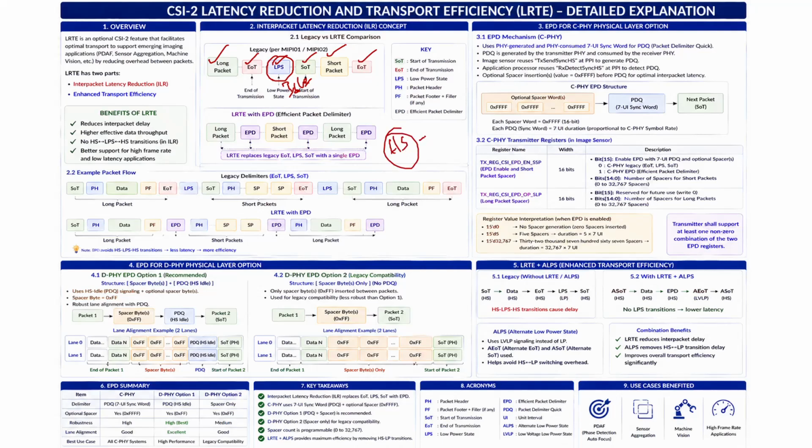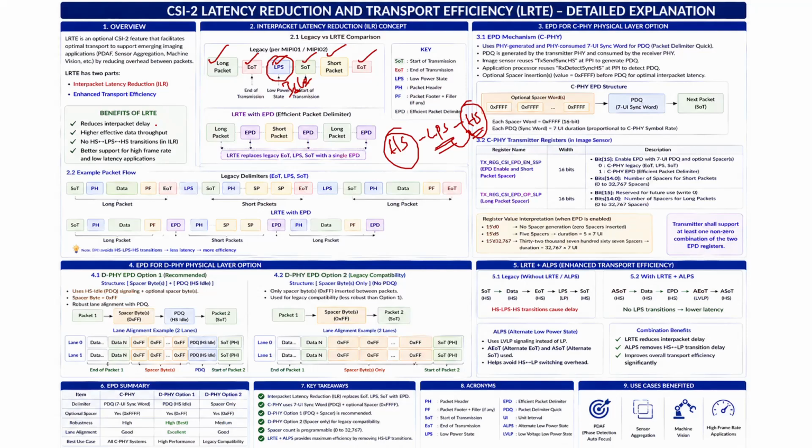From this high speed state we go to LPS state, the low power state. Then when you transfer another packet, at that time from LPS state we need to switch to high power state. This LPS state will be reduced by interpacket latency reduction.